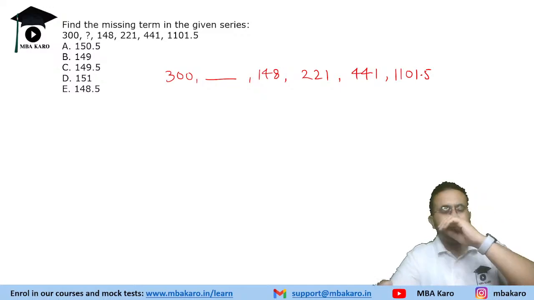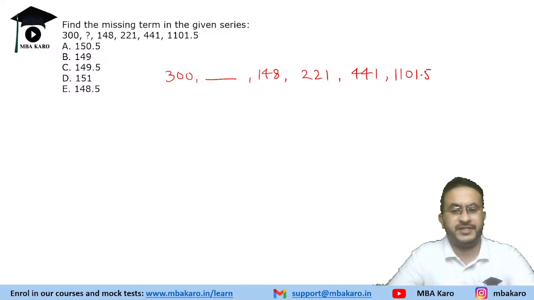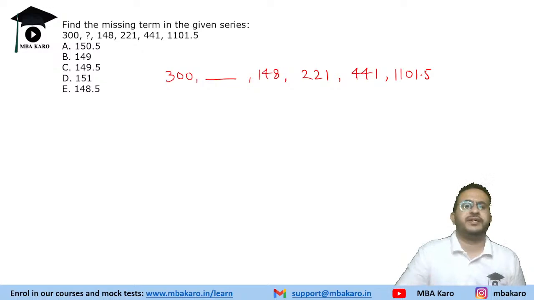Now, apart from the previous ones, which were all difference based, इसमें कुछ ratio दिख रहा है. Ratio कैसे दिख रहा है? See, avoid this. Look from this side.